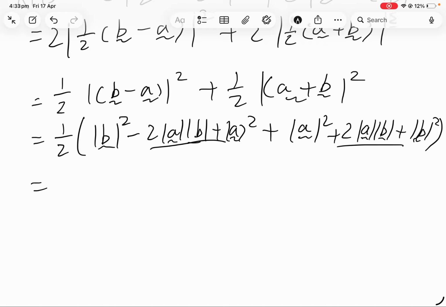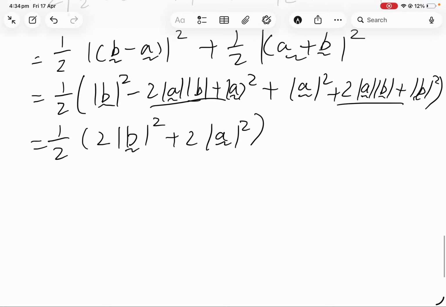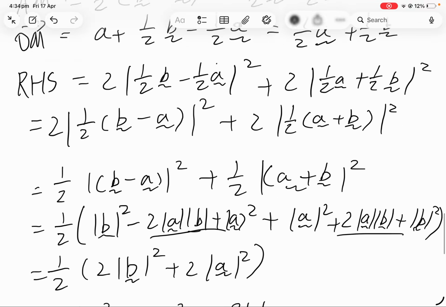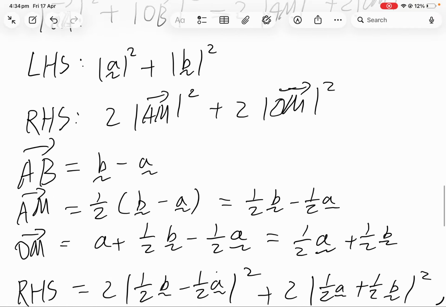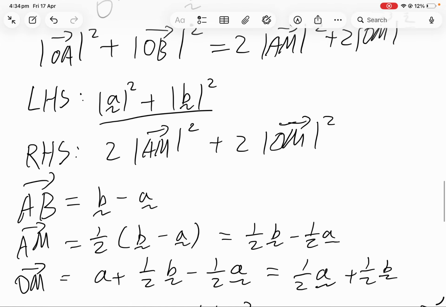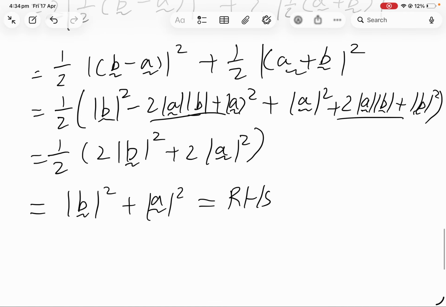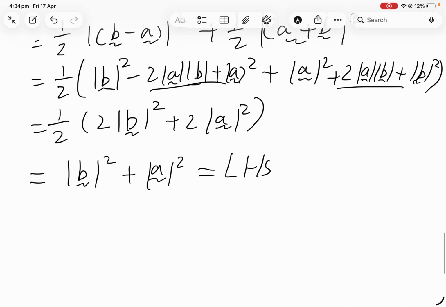So this just becomes a half of 2b squared plus 2a squared. If we expand it out, it just becomes (b plus a) squared, which equals the right hand side. Wait, the left hand side. Equals that, so it equals left hand side, so it's proven.